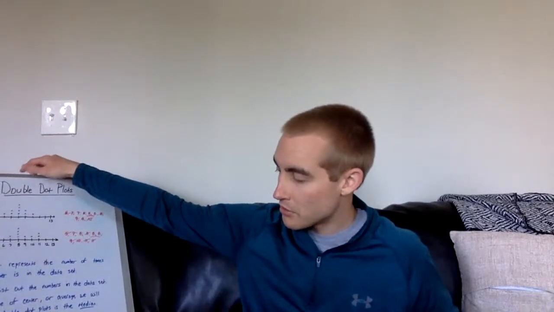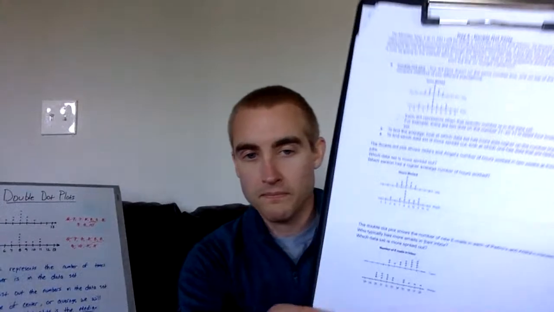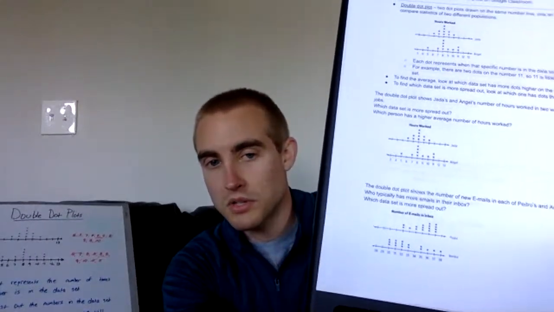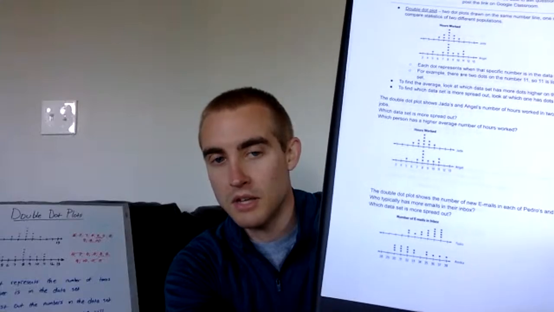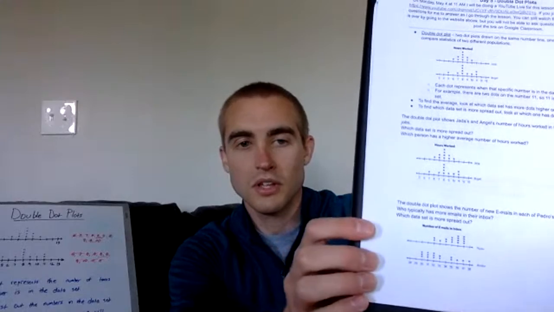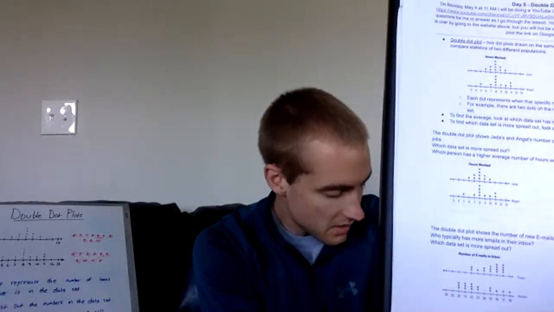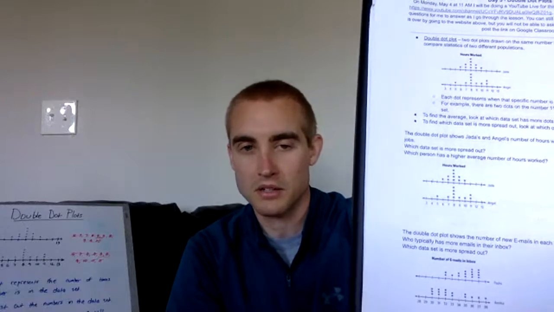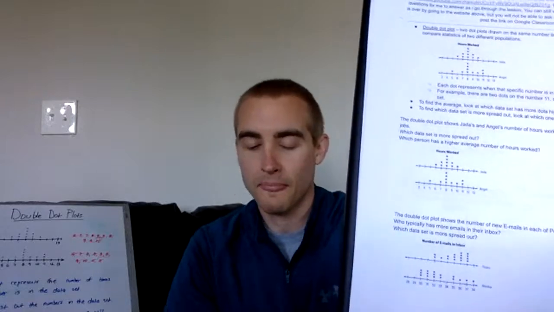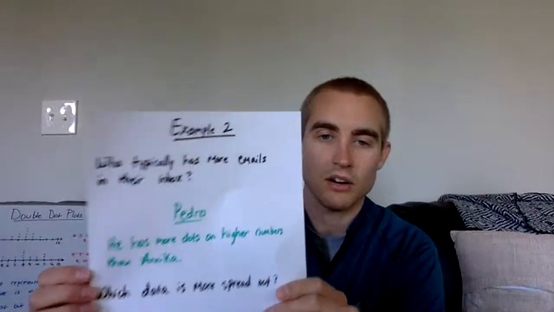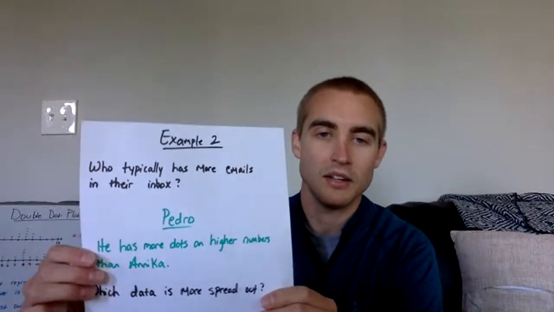For example number 2, here is the dot plot right there. That dot plot shows the number, I think, of emails in inboxes for Pedro and Anika. Looking at that dot plot, it says who typically has more emails in their inbox. Well, if you look at that, Pedro has more dots that are higher up on the number line than Anika.